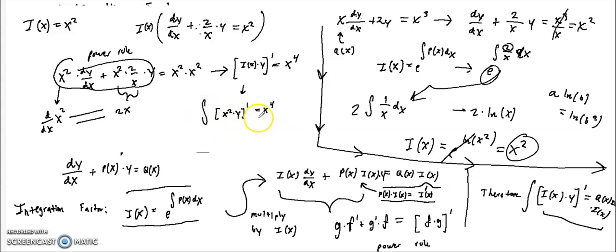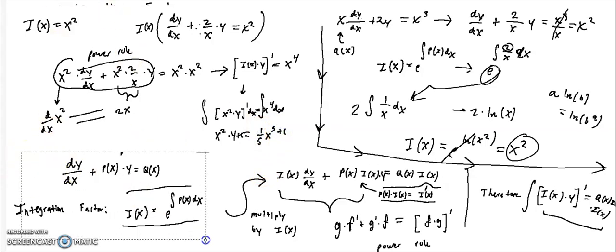And now I just want to integrate both sides with respect to x, and well, integrating a derivative, that just gets us what's inside. So x squared times y equals the integral of x to the 4th, plus c, equals 1/5 x to the fifth plus c.